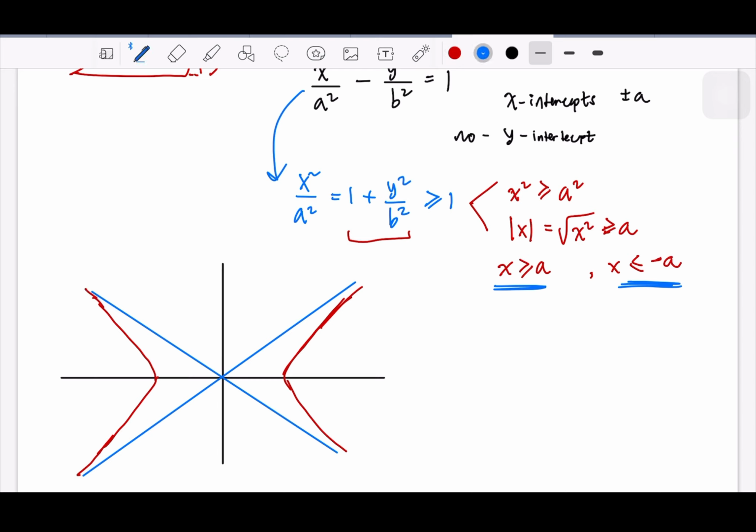And we call this the asymptote in hyperbola, which is b over a x.